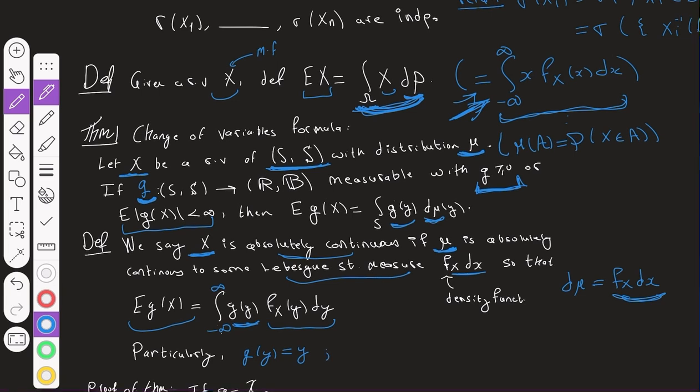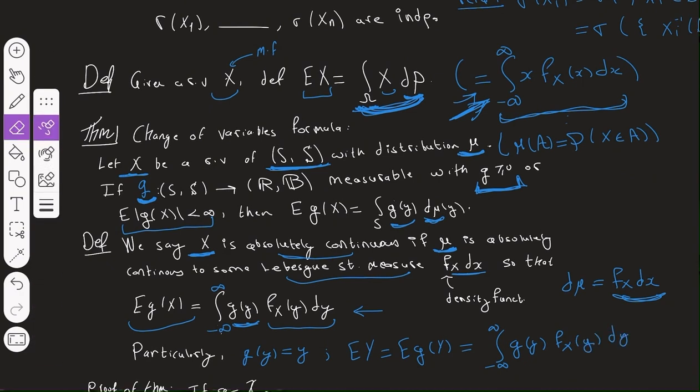Then the expected value of y, which is the same as the expected value of g of y, is by this formula the integral from minus infinity to infinity of g of y times f sub x of y dy.